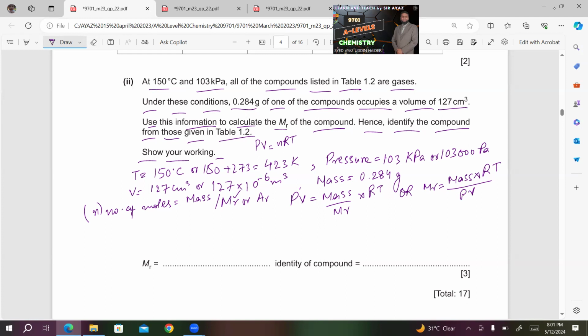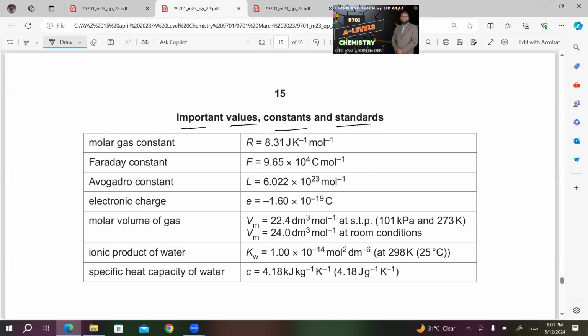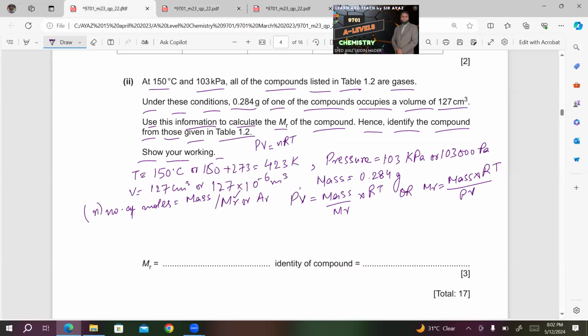Now placing the values, first of all, you need the value of R. Look at this value of R here. It's 8.31 joule per Kelvin per mole. So MR is equal to mass 0.284 multiplied by R 8.31, temperature 423 divided by pressure 103,000, volume 127 into 10 raised to the power -6.